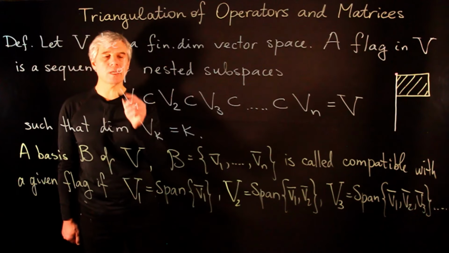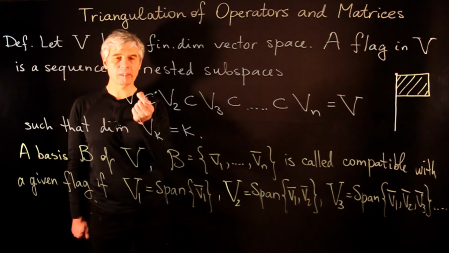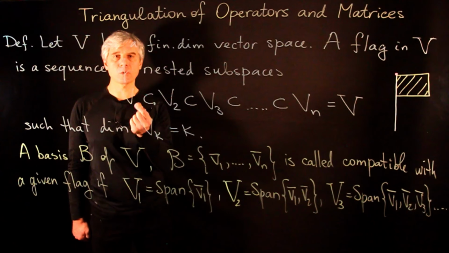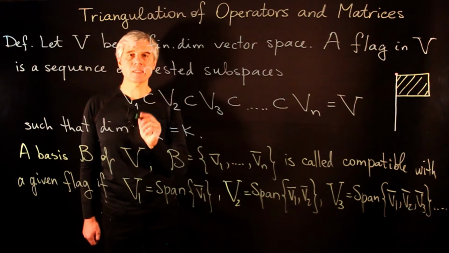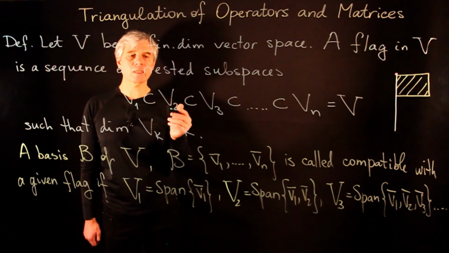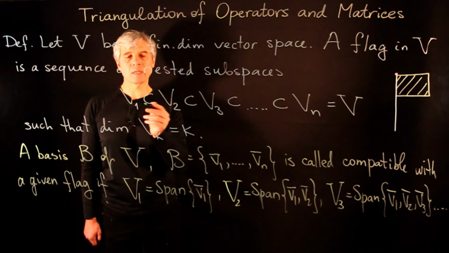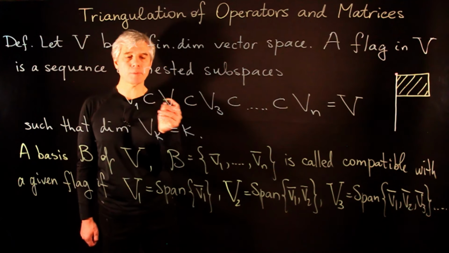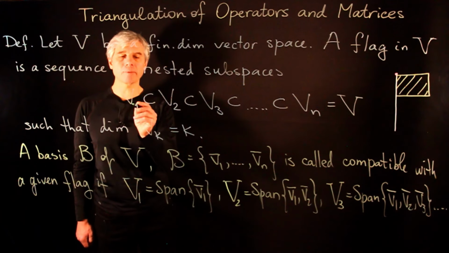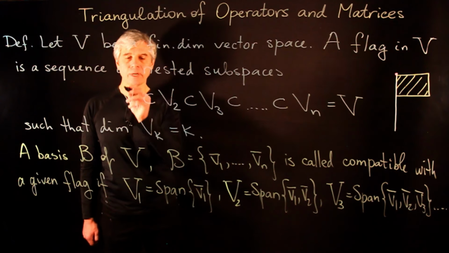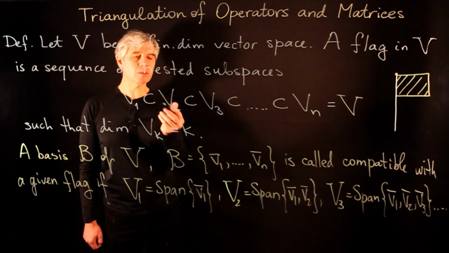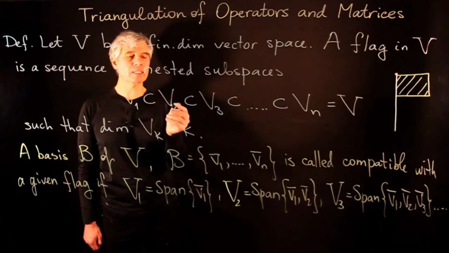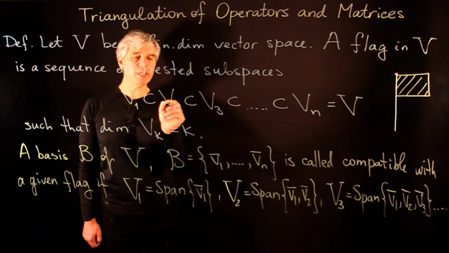Clearly, for every flag, we can construct a basis which is compatible with this flag. So what we do is we take this one-dimensional space and take a basis in it, so any non-zero vector. Then we have a result that if we have a basis in a subspace, then we can construct a basis of a larger space by extending the basis of a subspace. So this means that if we already have a basis V1 of a one-dimensional space V1, then we can extend it to a basis of a subspace V2 in which V1 is sitting.